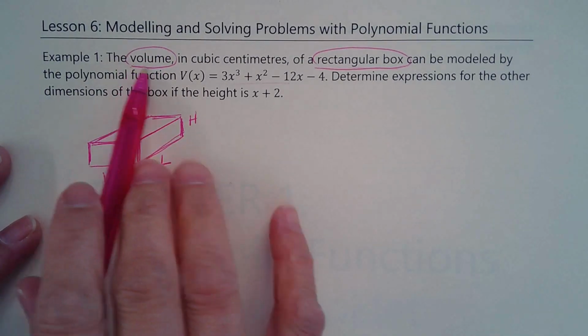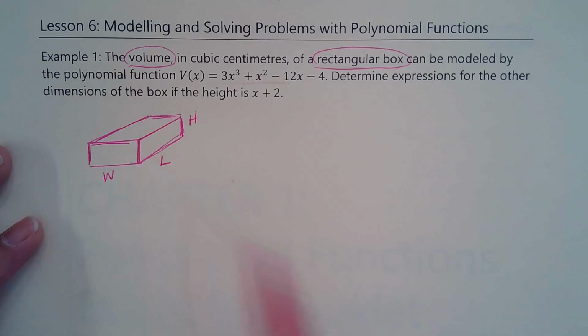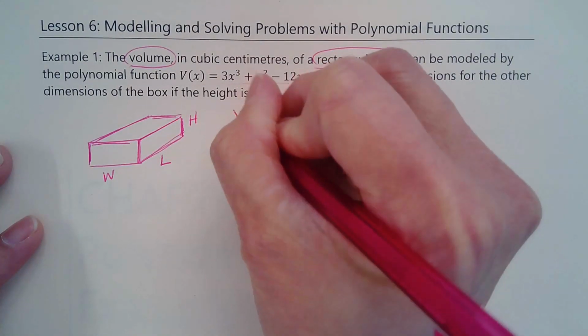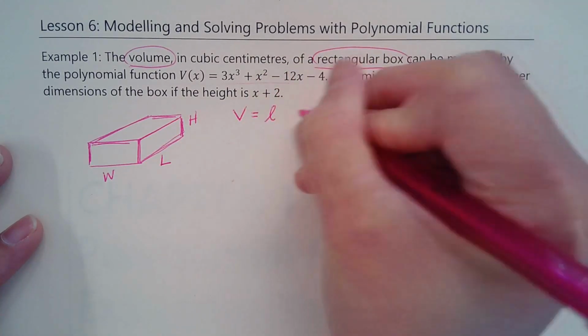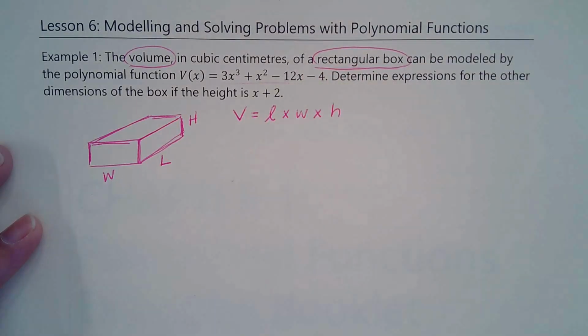How can we figure out the volume of the box? The volume of the box, V, is equal to length times width times height, right?